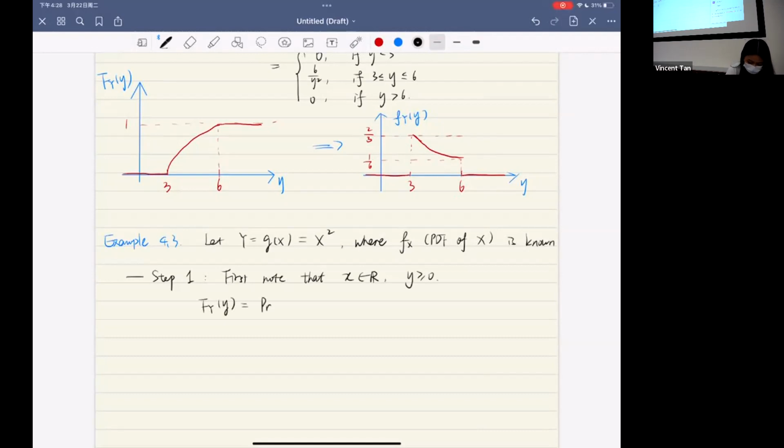CDF of y, which is equal to the probability of x squared smaller than y. And this can be written as, by taking the square root on both sides, we obtain this inequality.